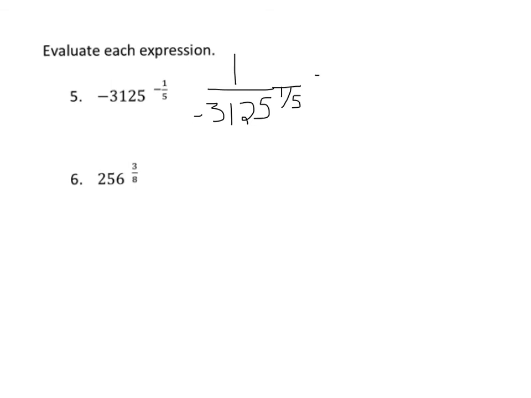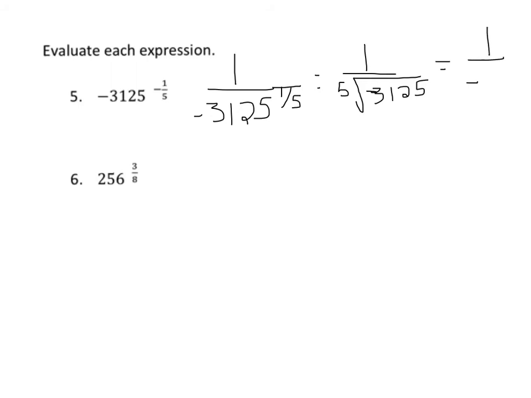So, to continue on, our 1 stays on top, and -3,125 raised to the 1/5 is the same as saying the 5th root of -3,125. Remember, you still have that negative sign in there. If we take the 5th root of a negative number, we would get a negative number.